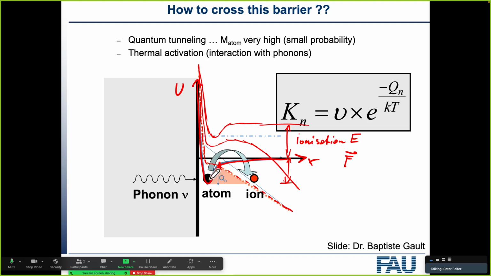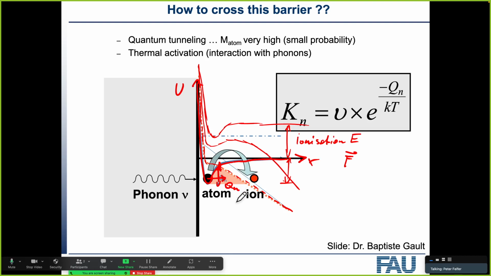So if our atom for some reason would gain enough energy to move up to here, it would spontaneously ionize and fly away. And the good thing for us is we can change the size of that barrier, this Qn, because we can change the field. So if we crank up the field, this barrier will get lower and lower.